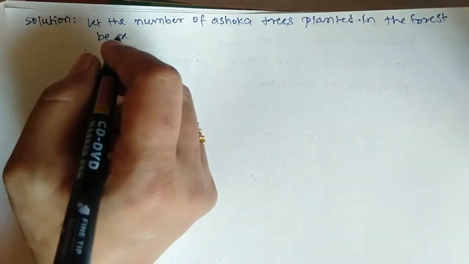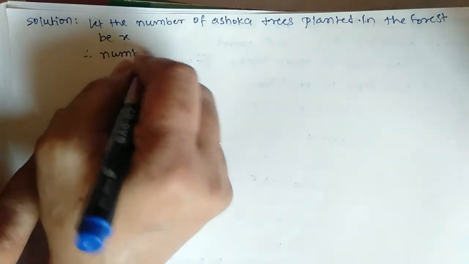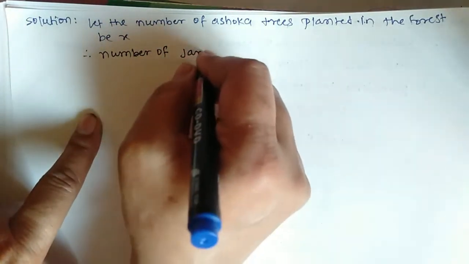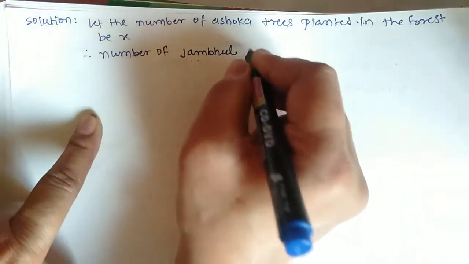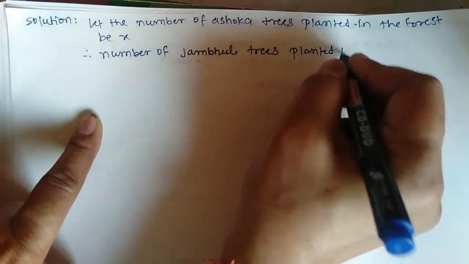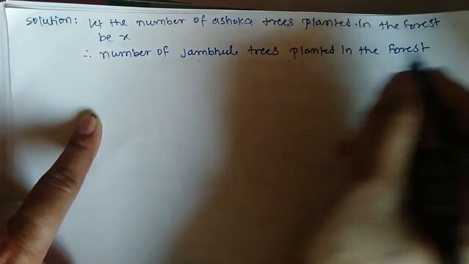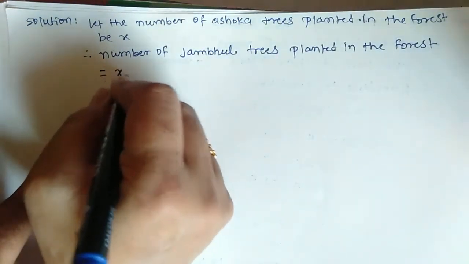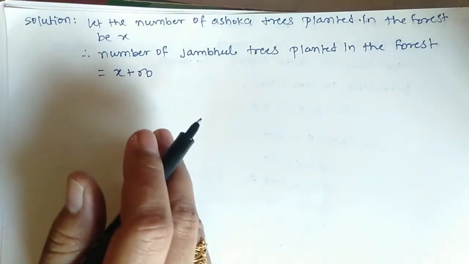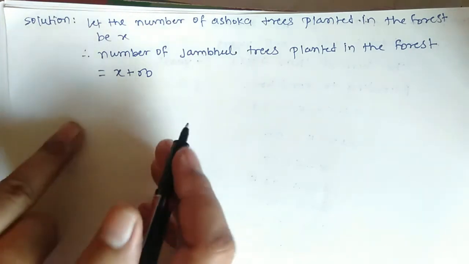So therefore the number of Jambul trees planted in the forest is equal to x plus 60 because the number of Jambul trees are greater than the number of Ashoka trees.